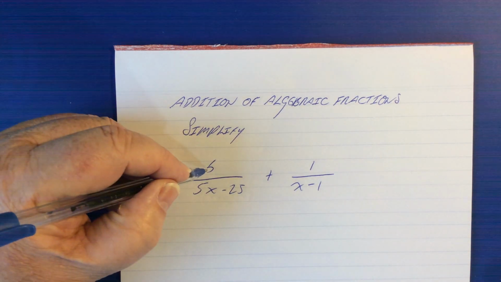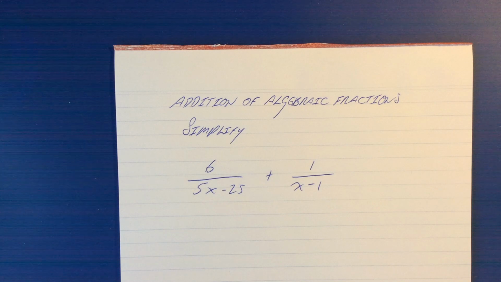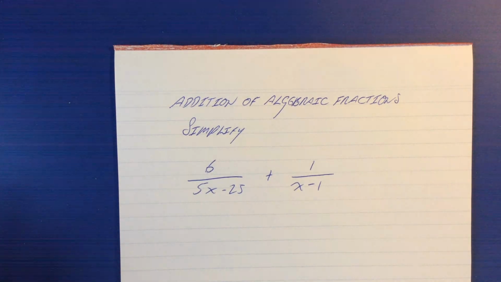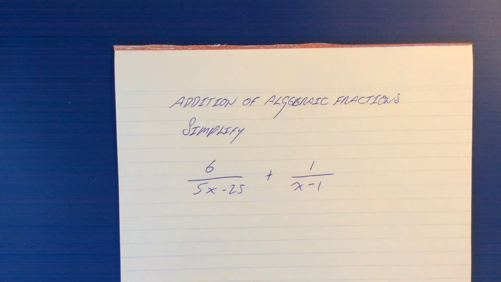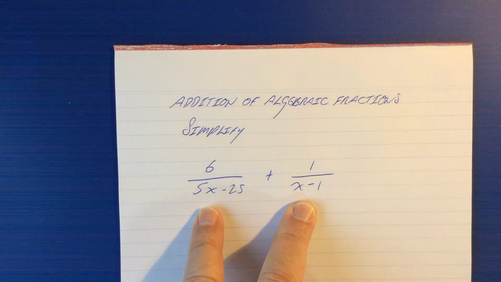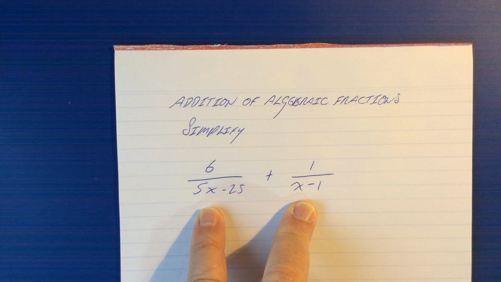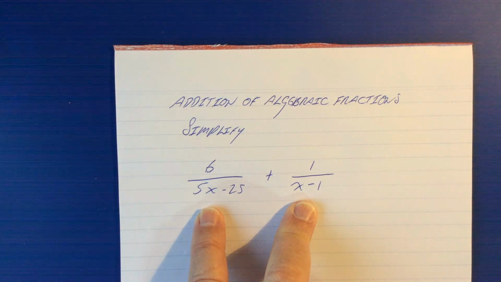Those of you who are familiar with fractions will know that by a strange quirk of the nature of fractions, it's often easier to multiply or divide fractions than it is to add or subtract. Where we don't have denominators that are the same, as here, we have to create a common denominator.